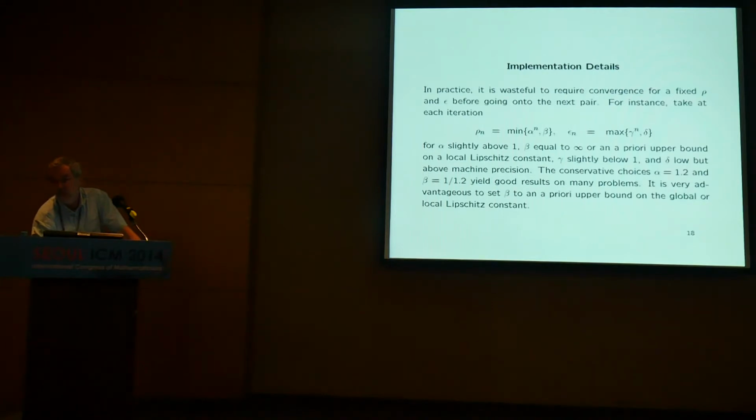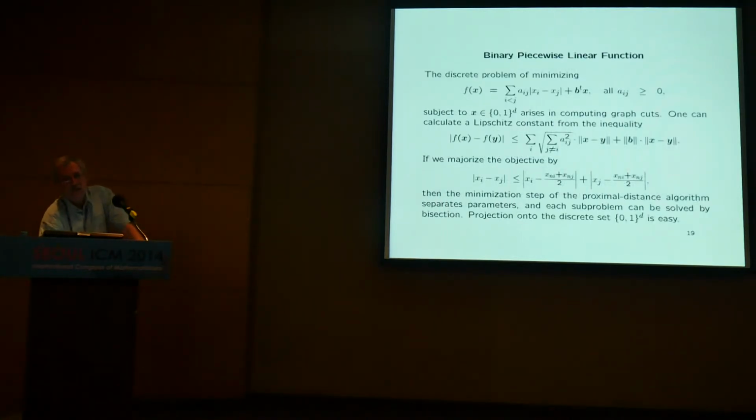I don't have full theoretical validation for this, but if you take these things slowly, like alpha equal to 1.2 or even 1.1, beta equal to the reciprocal of that, then you get good behavior in many problems. Of course, if you can find a global Lipschitz constant and plug it in here, it is very useful. Otherwise, rho is going to tend off to infinity, and you spend too much energy and too much time fitting the constraints rather than the function.